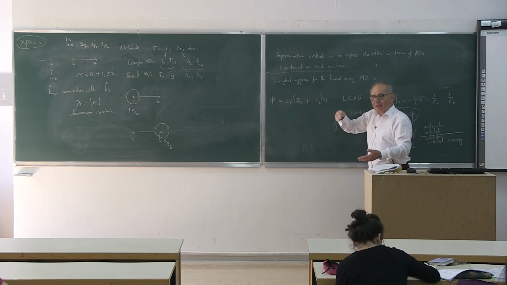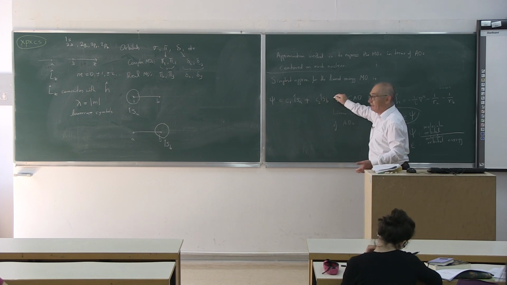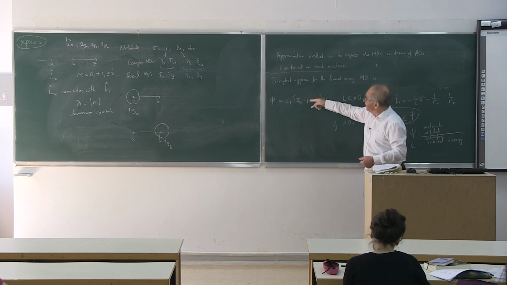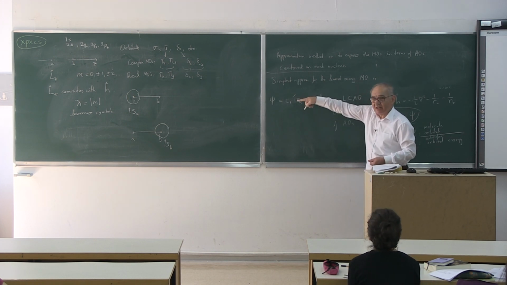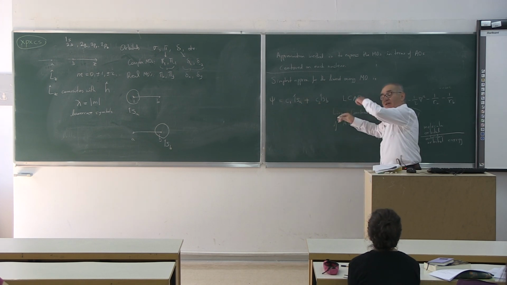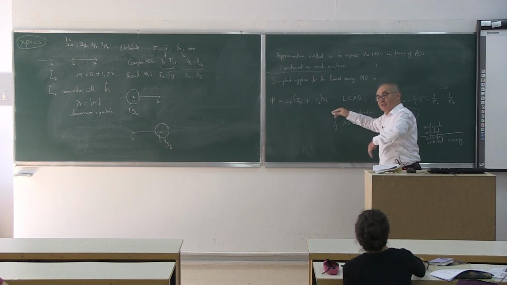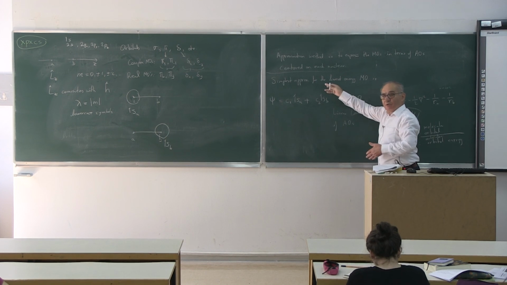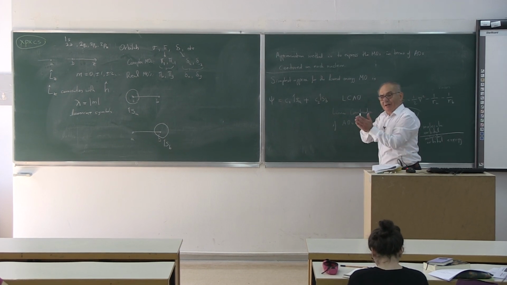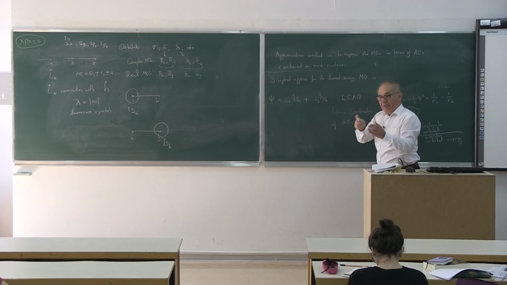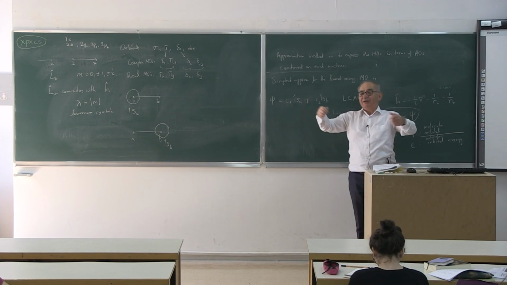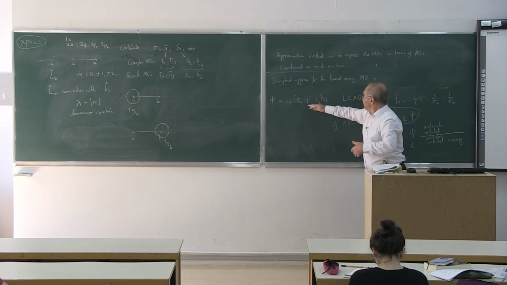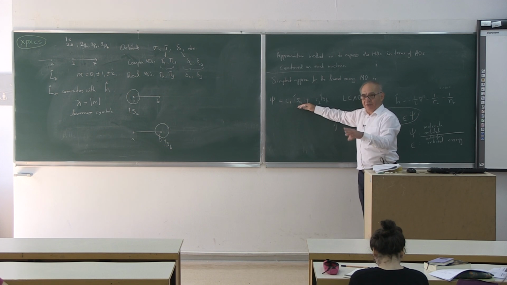Better expressions are available if you add extra terms here. A third coefficient times another atomic orbital on center A, plus another coefficient times a new atomic orbital for center B, and you may continue like this. The longer the expression, the better is the result. This has just two non-zero terms.